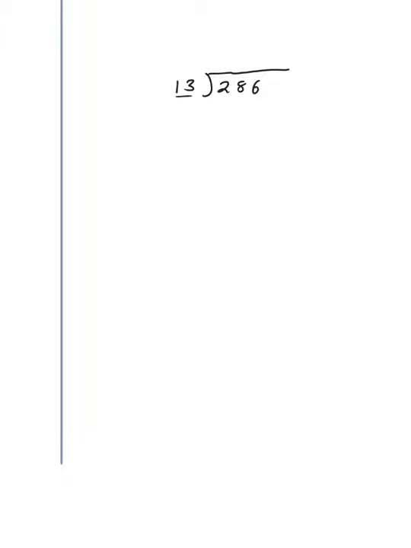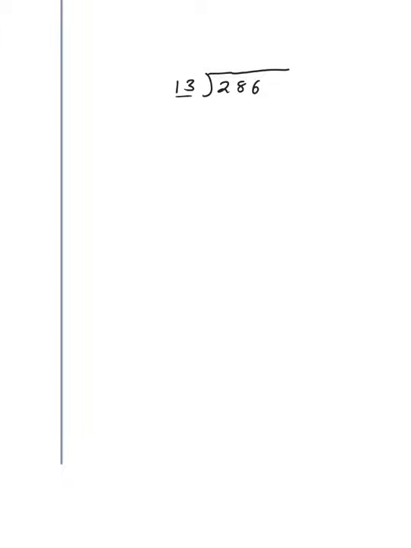So we write down the number 2, multiply the 2 times the 13 to get 26, and then we subtract, which is the same as, I sometimes say, changing the sign of the 26 and adding them. So 28 minus 26 is 2. Next step is to bring down the 6, and then we start over.